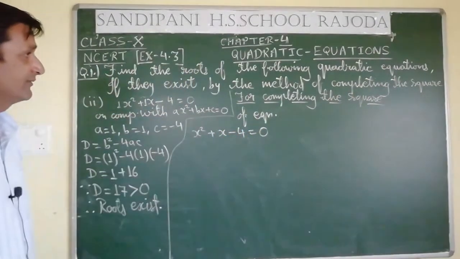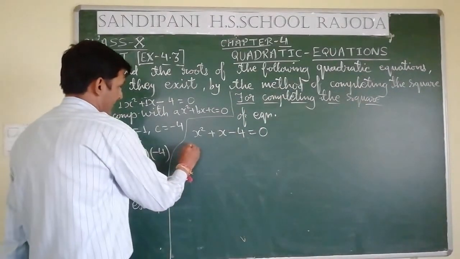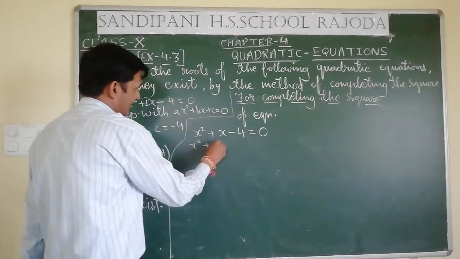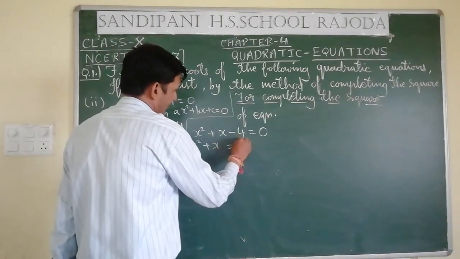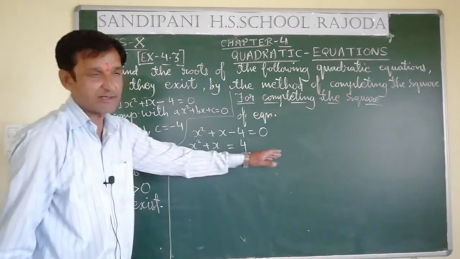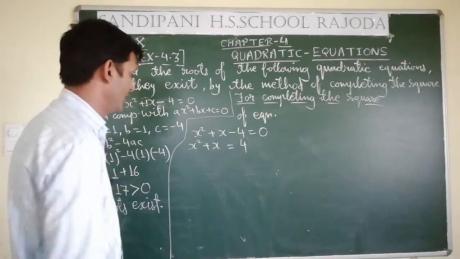This is our equation. x² + x is taken here only. This 4 is transposed from LHS to RHS, then it will become 0 plus 4.